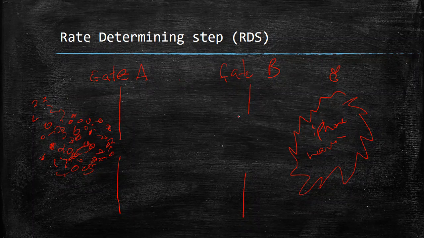Do you think increasing the width of gate B is going to increase the rate of reaction? No, because they're all getting stuck here. Increasing the width of this gate isn't going to make them get there any faster. However, if we increase the width of gate A, then suddenly all the sheeple can race through and get there faster.